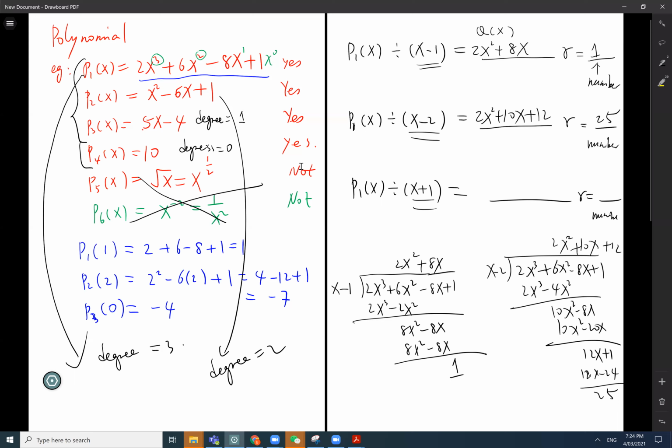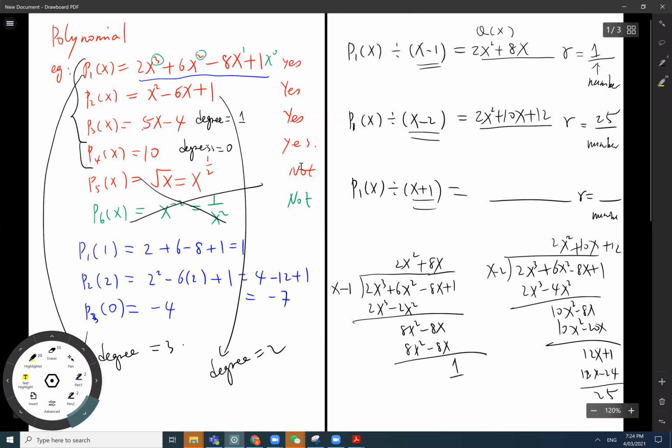Divided by x plus 1. I just fix one of them. Should be something wrong.